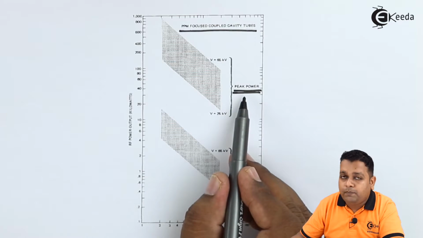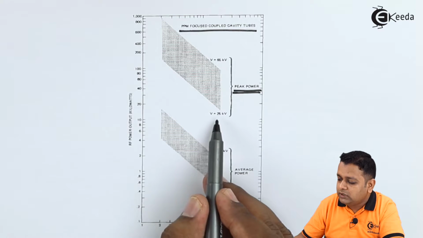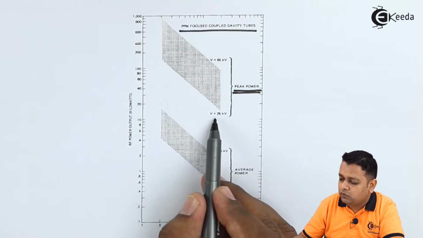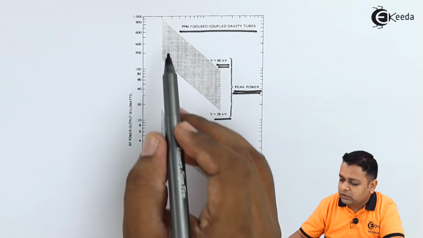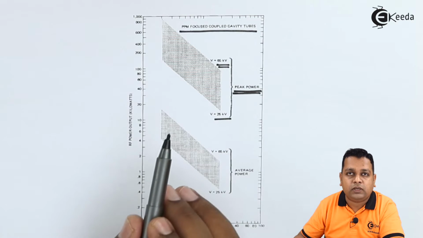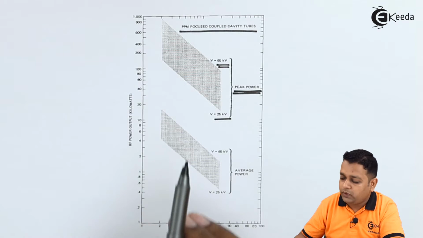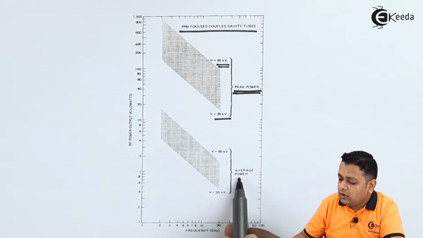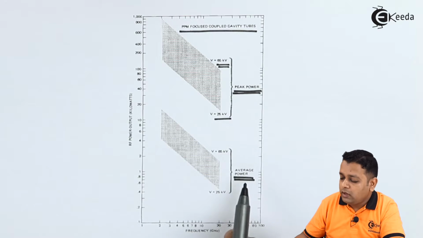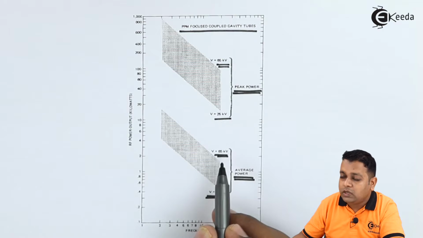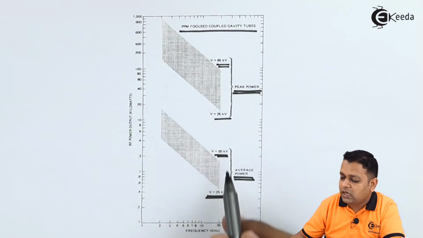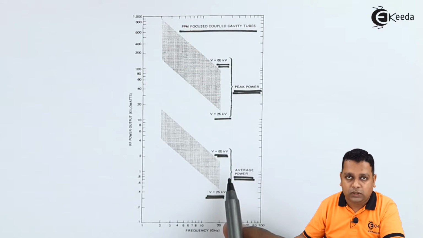Now here for the peak power, the voltage ranges from 25 kilovolts up to 65 kilovolts. So the corresponding output power can be calculated from this particular graph. Now on the other hand, we have the average power. The average power has the voltage V equal to 25 kilovolts up to V equal to 65 kilovolts, the same range as we have gone for the peak power here.